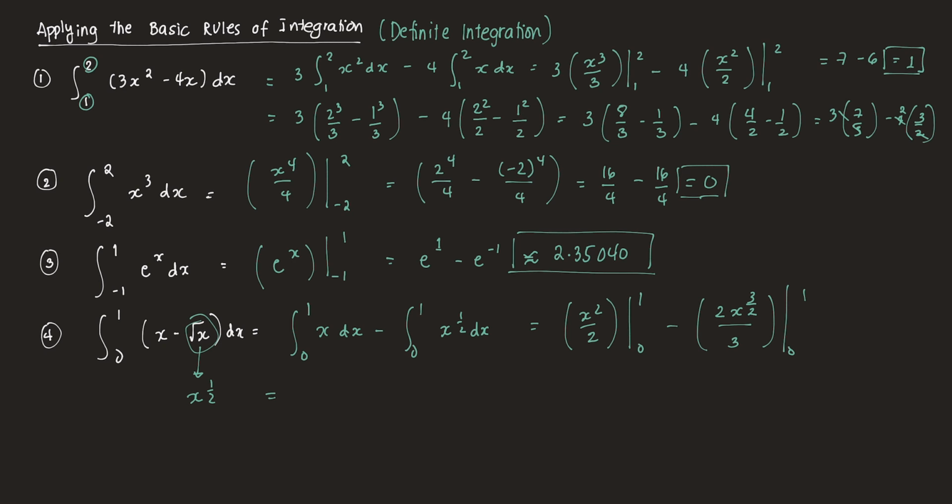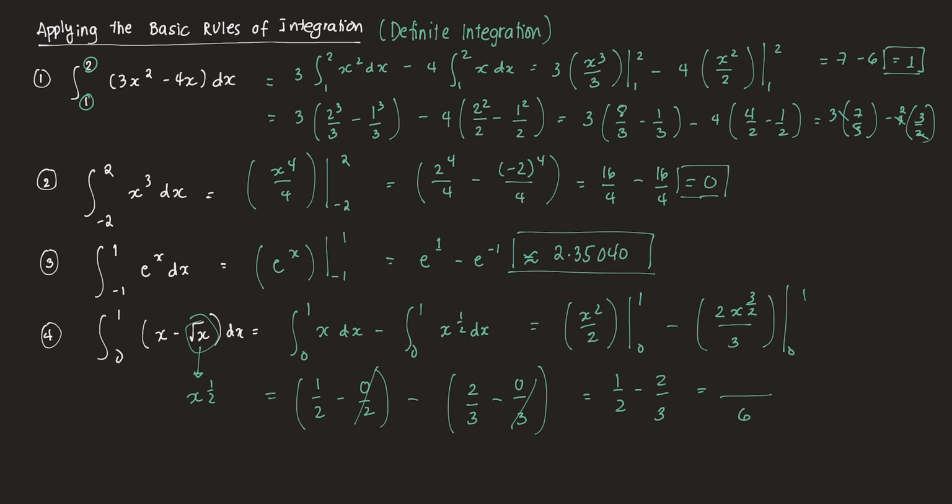And if we simplify that, that's going to be 1/2 minus 0/2, minus 2 over 3 minus 0 over 3. Of course this one is out, that's just 0. So we're left with 1 half minus, I'm sorry, minus 2 over 3. Or if we use the least common denominator, that's over 6.